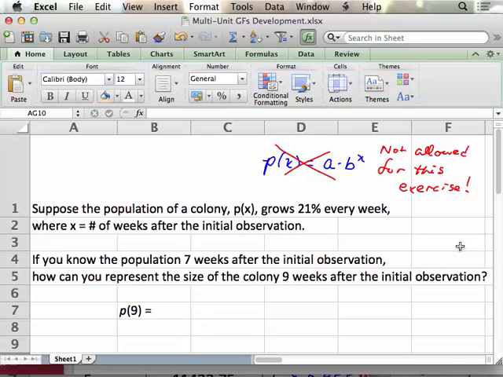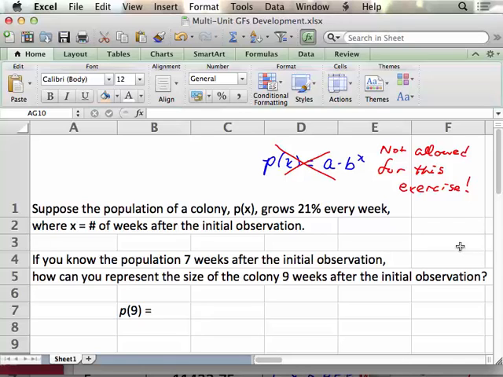We're going to walk around. Everybody do it. Who knows what's going on? Who knows function notation? Who knows exponential growth? Show me. Okay. That's right.